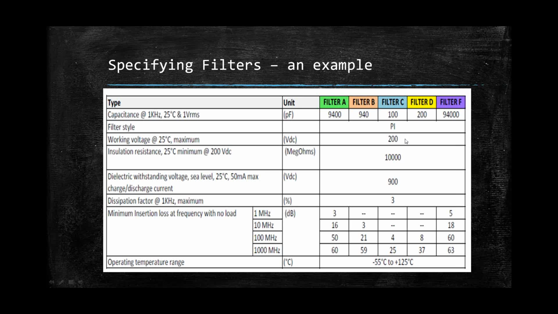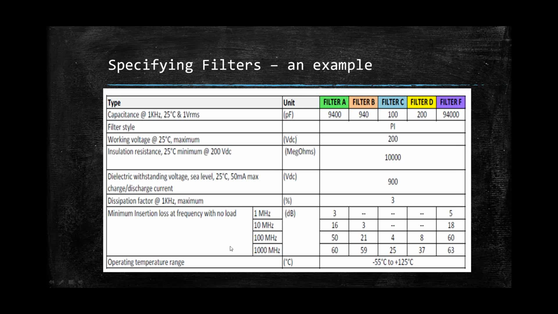Now if there are transients involved, we will take that into account, and then that could affect and control what your capacitance is. Insulation resistance per capacitor, dielectric withstanding voltage, you specify, and then you can specify your attenuation, and we will work with you in achieving the proper values for the capacitive elements in order to achieve the minimum attenuation that you require.